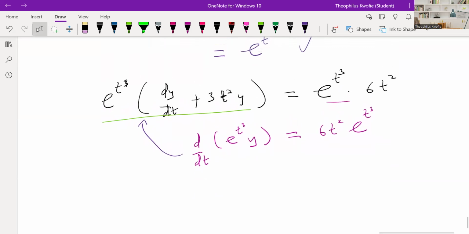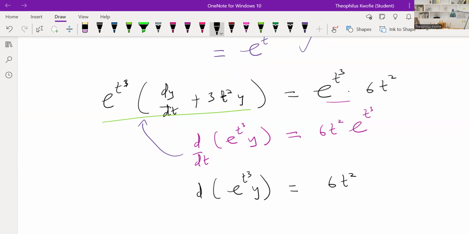To solve this, we can just do separable. It's separable in its simpler form, and we can rewrite this as this, with a little bit of algebra.